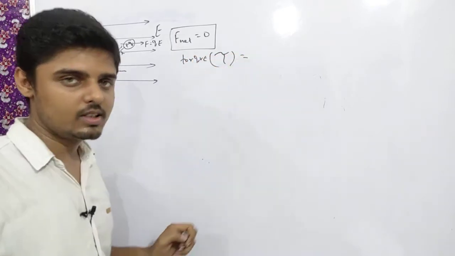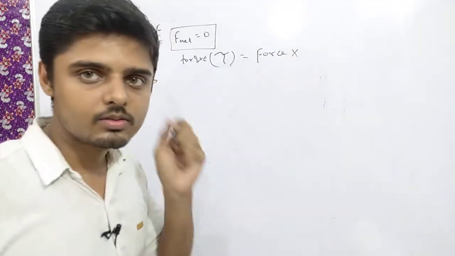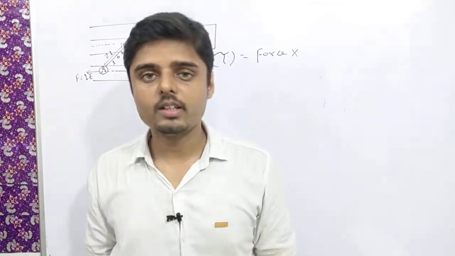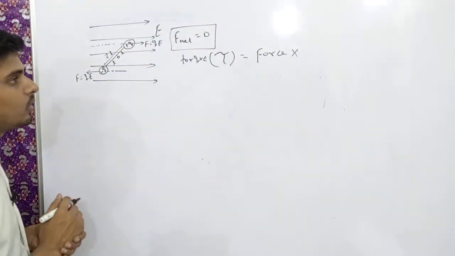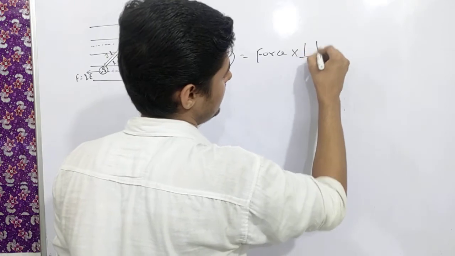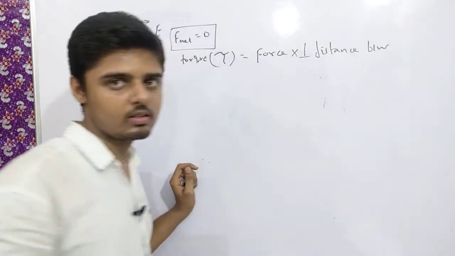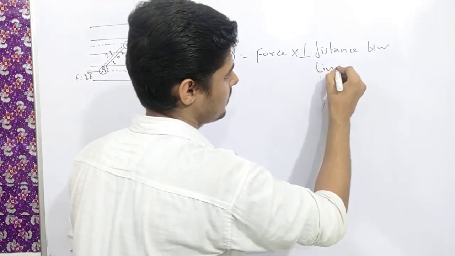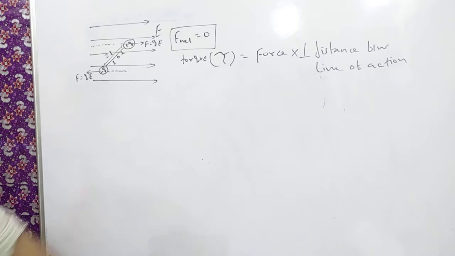The formula of torque is force multiplied by the perpendicular distance between the lines of action.